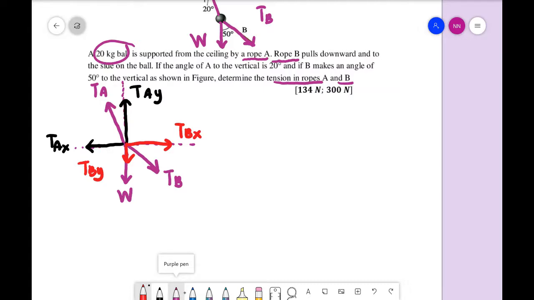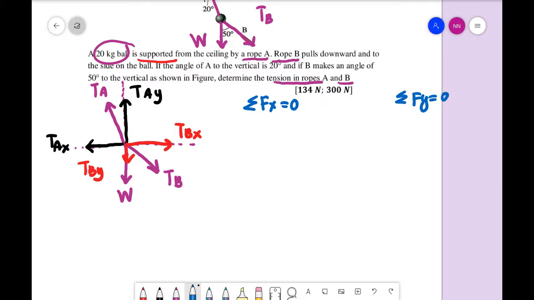This ball is in equilibrium because the keyword here is supported. That means this ball is at rest, it doesn't move. So we can apply Newton's law: net force X equals 0 and net force Y equals 0.